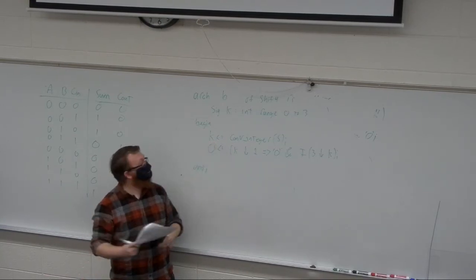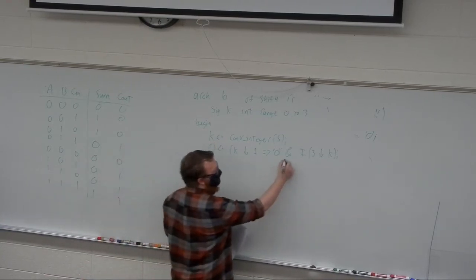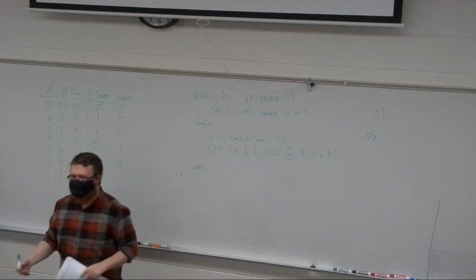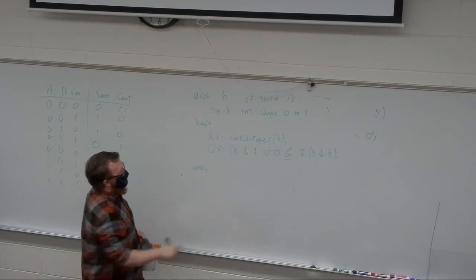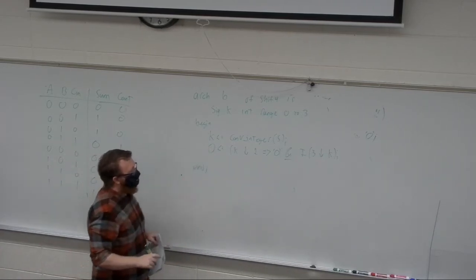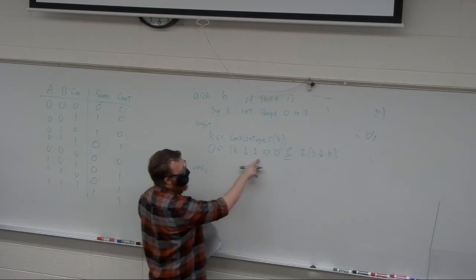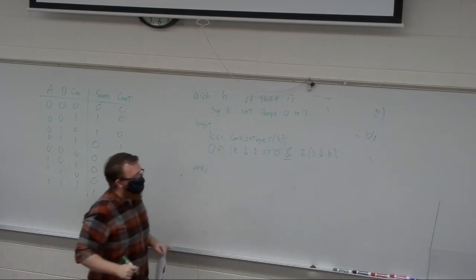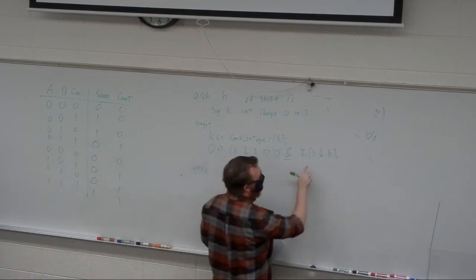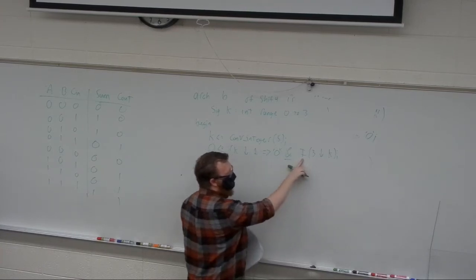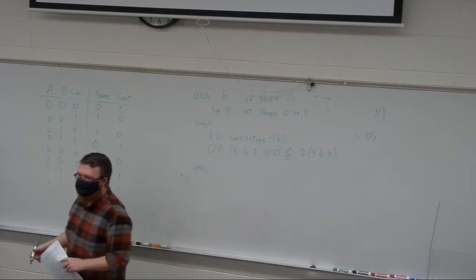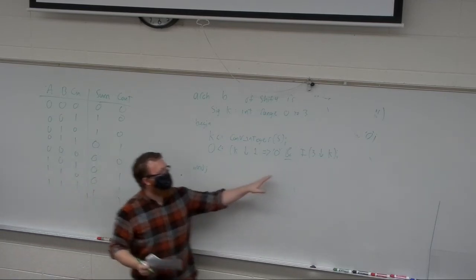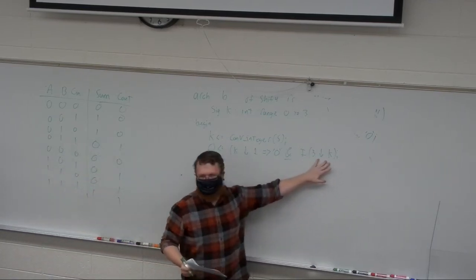Then this is a concatenation operation, right? We've talked about that. It's an important idea. It's just sticking two things together. It has this O output where it's taking K down to 1, throwing zeros in, and concatenating with the input from 3 down to K. So I keep K bits of the input.